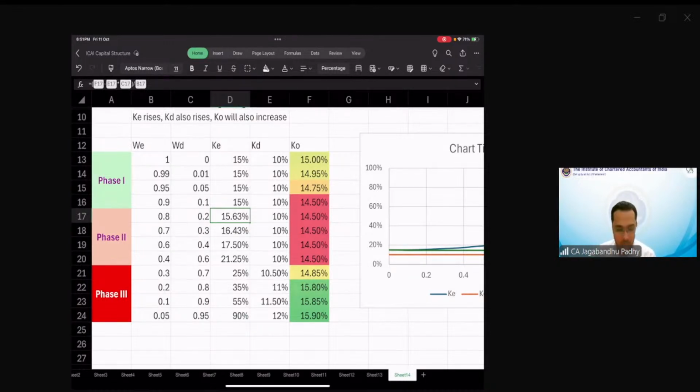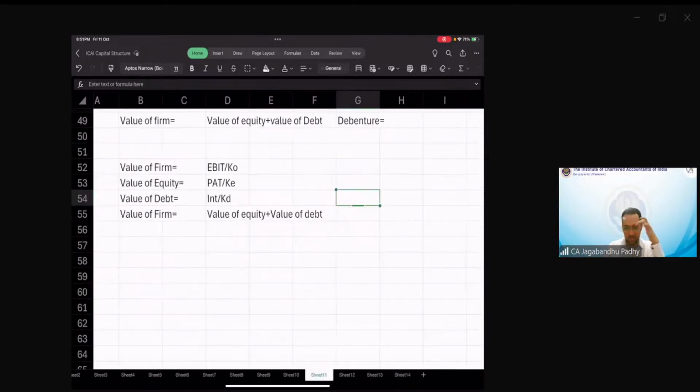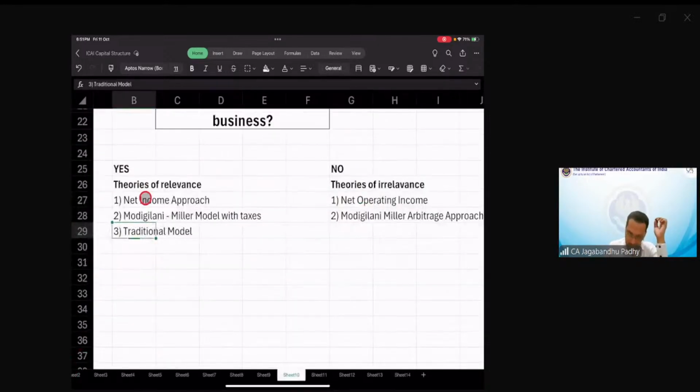Great. Now, we have done these 3 models. Apart from this, we have some other models also, which are the Modigliani-Miller model with the taxes approach and the arbitrage approach. We have covered the net income approach, the net operating income approach, and the traditional approach.